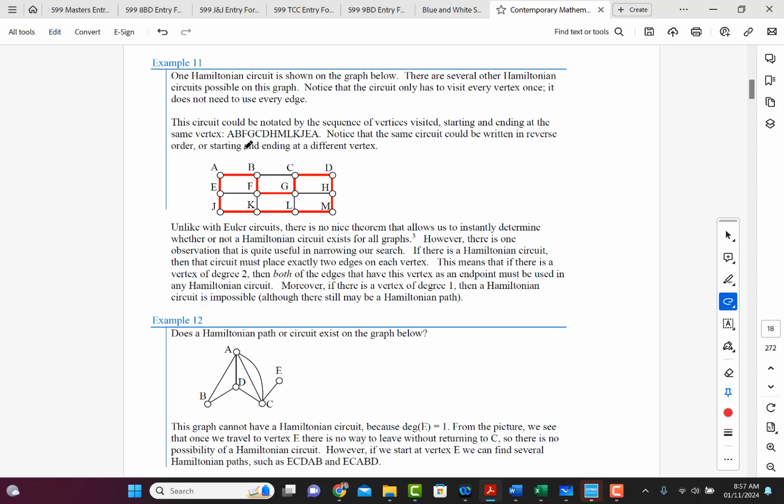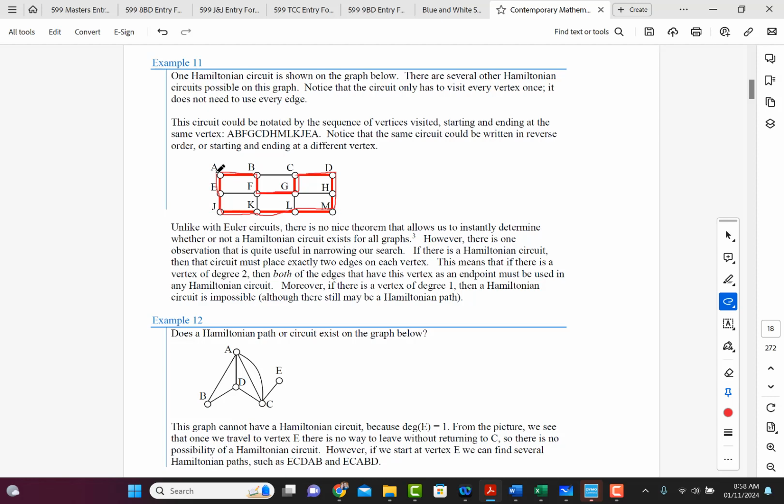In this case, they started with vertex A. The circuit could be notated by the sequence of vertices visited, starting and ending at the same vertex. So one of the circuits could have been A, then B, F, G, C, D, H, M, L, K, J, E, and then A again.